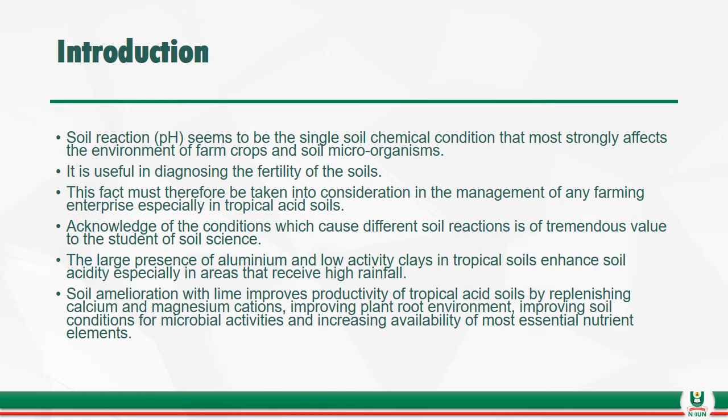The large presence of aluminium and low activity clay in tropical soils enhance soil acidity, especially in areas that have high rainfall. So soil amelioration with lime improves productivity of tropical acid soils by replenishing calcium and magnesium cations, improving plant root environment, improving soil conditions for microbial activity, as well as increasing availability of most essential nutrient elements.